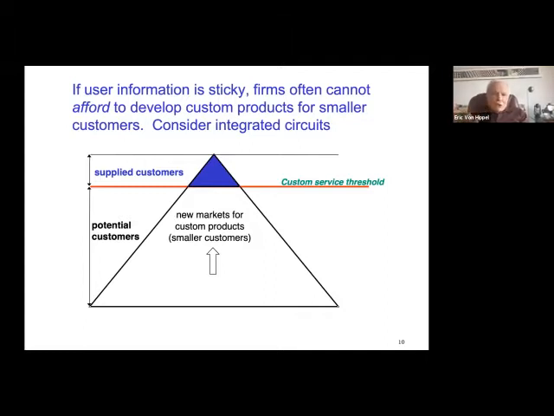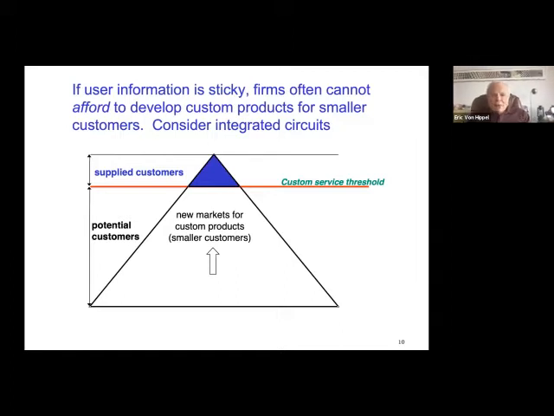So historically, because user information is sticky, firms often cannot afford to develop custom products for smaller customers. They can't afford to do what the travel agent used to do, because you need sophisticated engineers, not just travel agent skills, to figure out what a particular customer wants in, for example, the case of integrated circuits, and that's very costly.